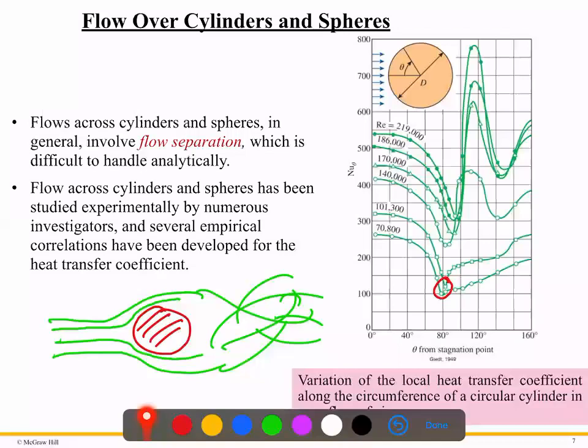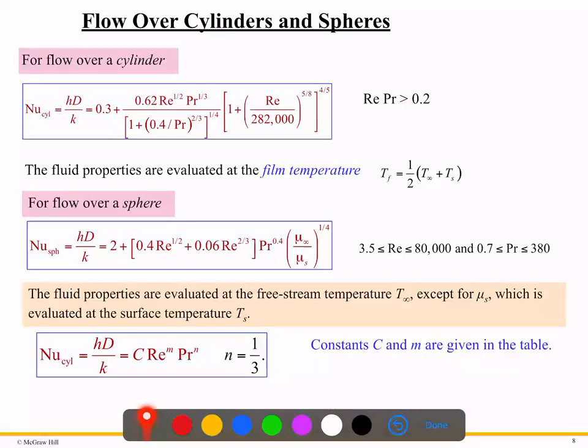The intention is how we can calculate the Nusselt number, the heat transfer coefficient, or the total rate of heat transfer for flow over cylinders and spheres. So for flow over a cylinder, these are the Nusselt number correlations. We will use these correlations for this type of problem when it is a cylinder, but for a sphere, we will use this.